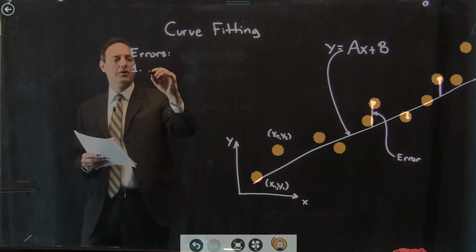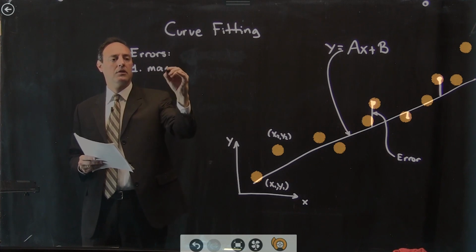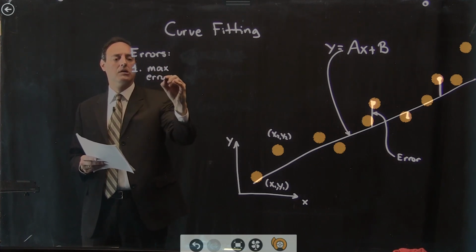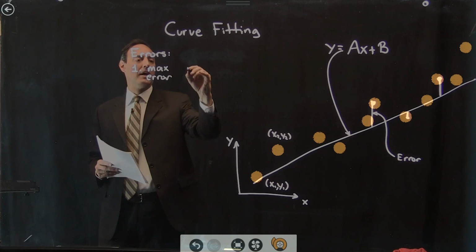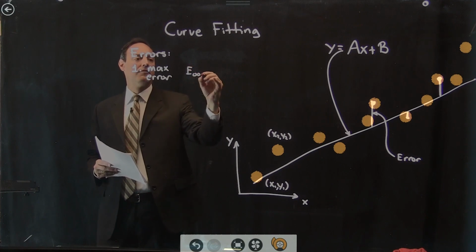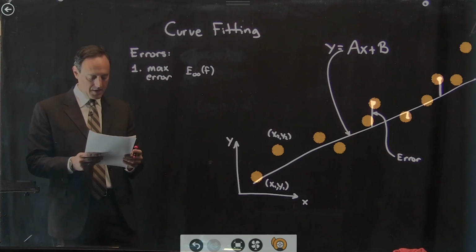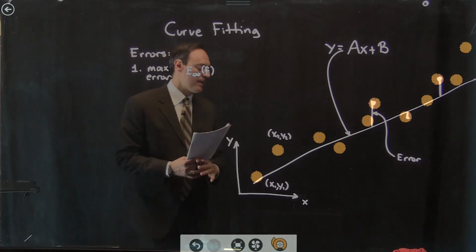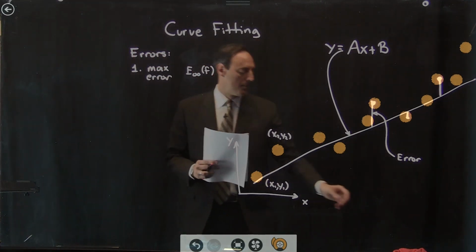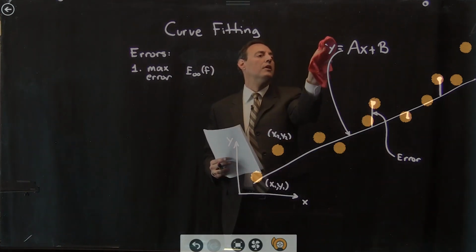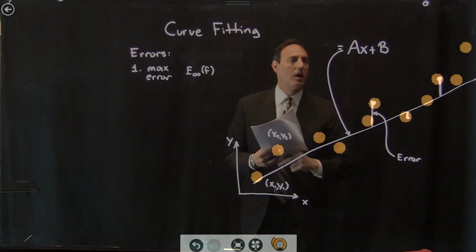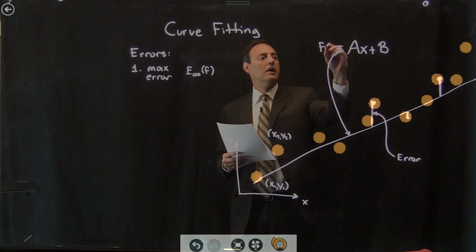The first one is the maximum error, and it's denoted by E infinity. The idea here is that this here is not y, but some approximating function f of x.